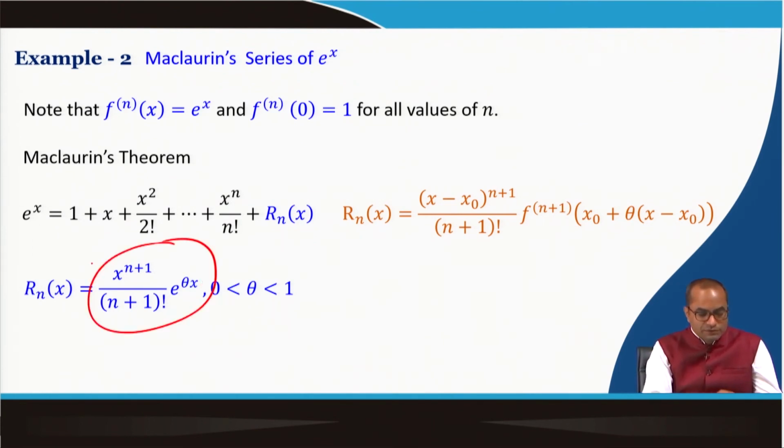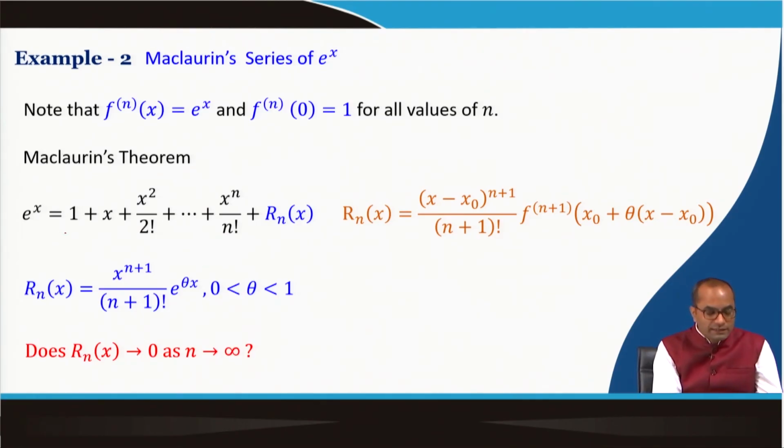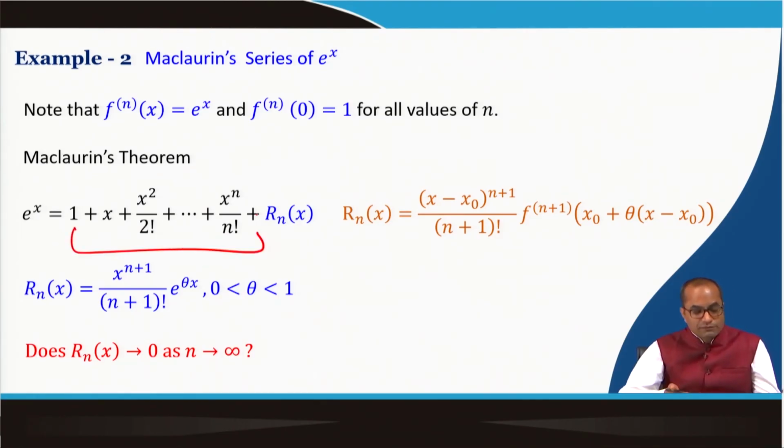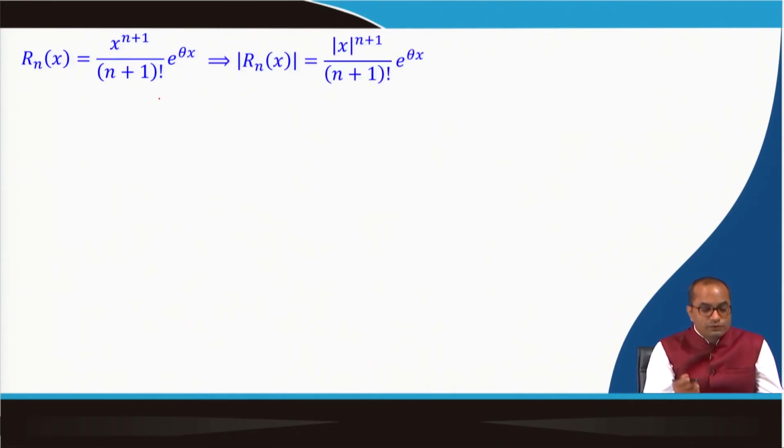So, this is the remainder term here, and now we will show that this remainder term goes to 0 as n goes to infinity for this case, and then we can write down this exponential function in the form of a series. So, with this remainder formula, we will show that R_n(x) goes to 0.